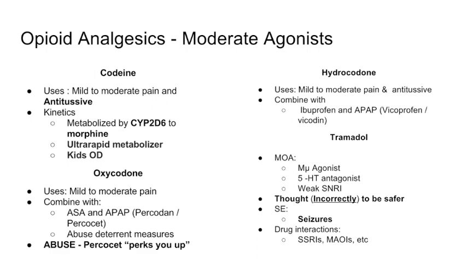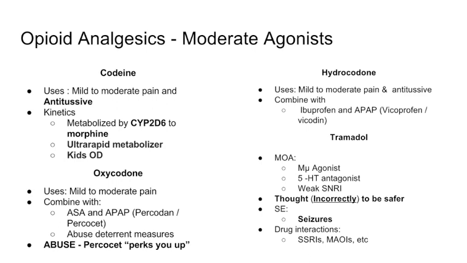What would happen years ago is they would give children codeine for whatever reason. Those kids would be ultra rapid metabolizers, and then they would overdose and die. So we don't like to give children codeine anymore, because they could be 2D6 ultra rapid metabolizers and get a ton of morphine from their codeine being metabolized into it.